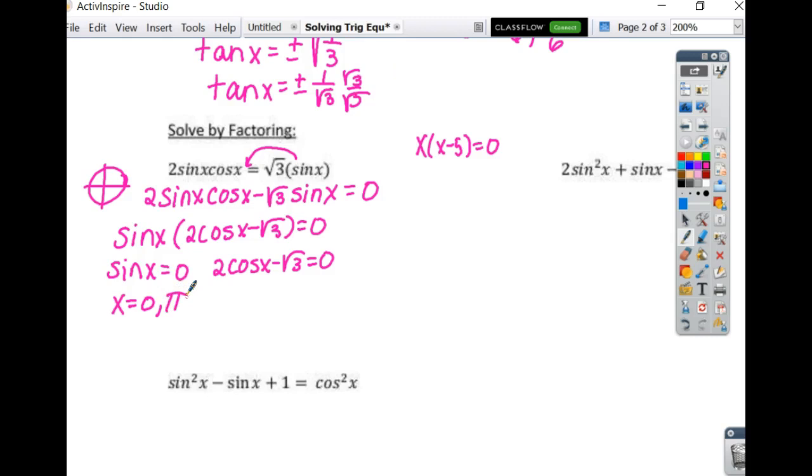And this one was just like the first one we did, where I'm going to add the square root of 3 and divide by 2. And I get this by taking the inverse. So I want a positive cosine at the square root of 3 over 2. So cosine is the square root of 3 over 2 at pi over 6.